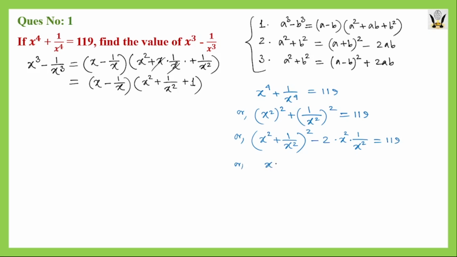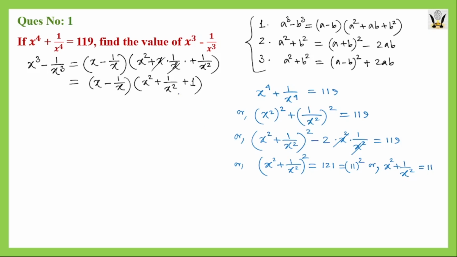So it will be x square plus 1 by x square and then whole square, and this x square and this x square in the denominator will cancel each other. So minus 2 will go to the other side, and that 119 and plus 2, it will be 121, which is square of 11. So from here we can say that x square plus 1 by x square, that value will be equal to 11.